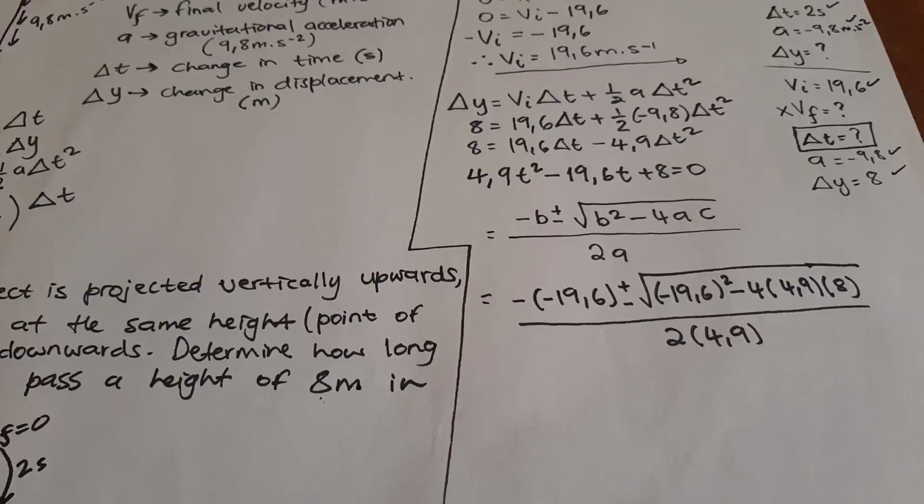19,6 square root. Okay, so let's first say plus, plus square root of negative 19,6 squared, over 2 times 4,9.